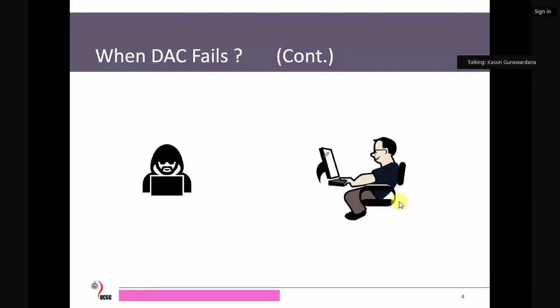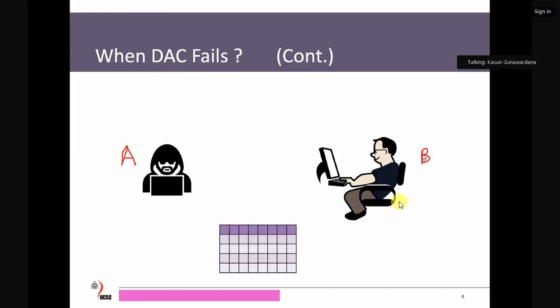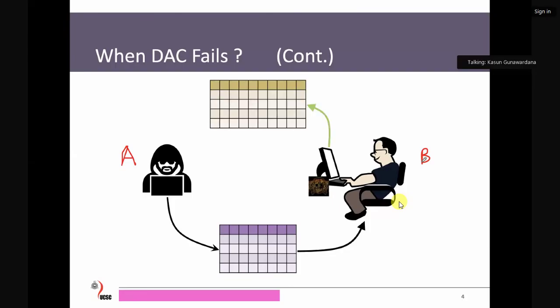So here, this is user A, and this is user B. User A creates a table and then grants privilege to insert data. Then user A inserts a malicious piece of code into user B's program, and what it does is extract some of the data which is only accessible to user B and insert it into a table here at the bottom.